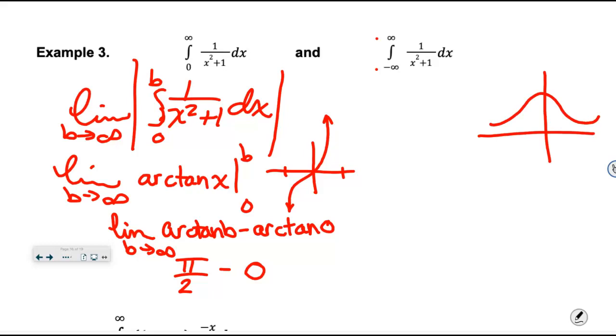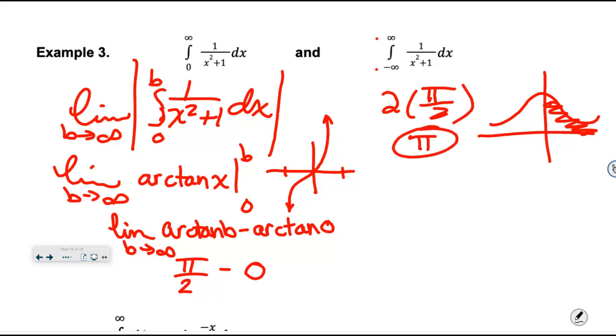They often do have even powers in them. This is an even function. So if I know from 0 to infinity I got a nice pi over 2, what do you think is going to happen when I go from negative infinity to infinity? Double it. It's just twice what I get if I were to go from 0 to infinity.